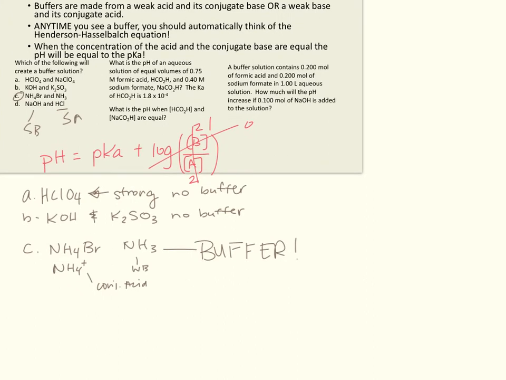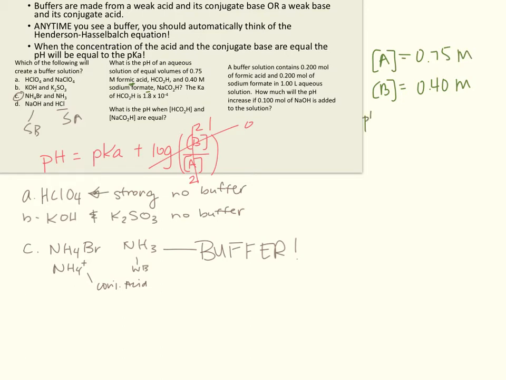So I'm going to do this one in green. So the acid is 0.75, and you see how that says formic, and this is formate. Formate means that that's the conjugate base of formic acid. So the base is equal to 0.40 molar.